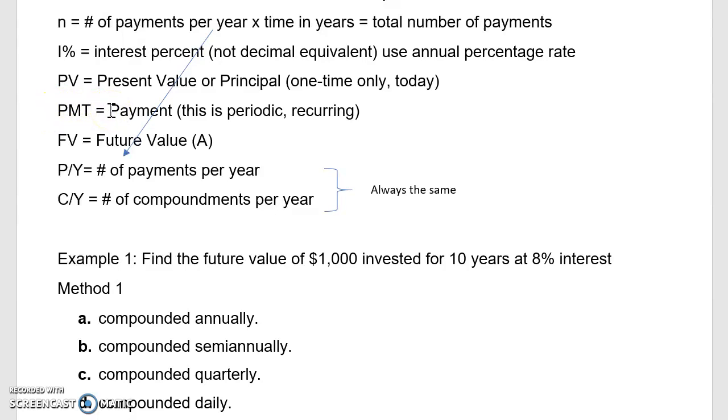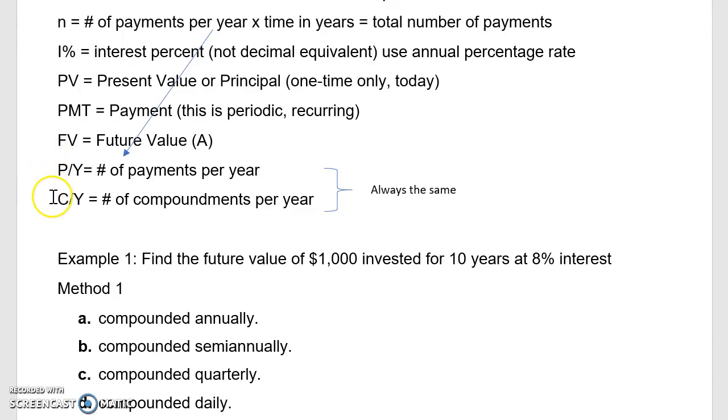This is a regularly occurring payment or periodic payment as opposed to the present value or principal, which is a one-time only thing. Next, we have FV for future value, and that would be used if we were looking, say, for the value of an investment or loan after some period of time.